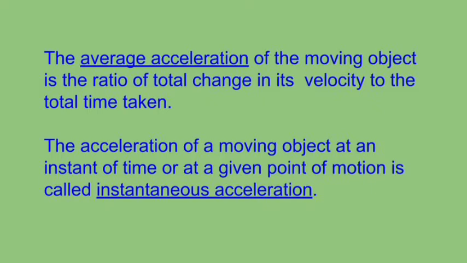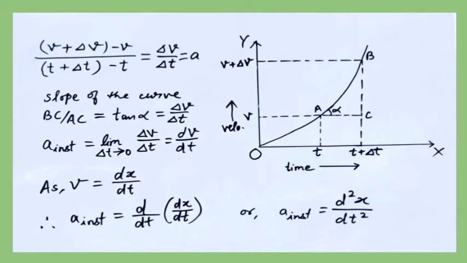Let us now consider an object moving with a variable velocity along a straight line. Let v and v plus delta v be the velocities at instants t and t plus delta t, where delta t is a very small time interval approximately equal to 0. So v plus delta v minus v divided by t plus delta t minus t is equal to delta v by delta t. It is the acceleration in time interval delta t.